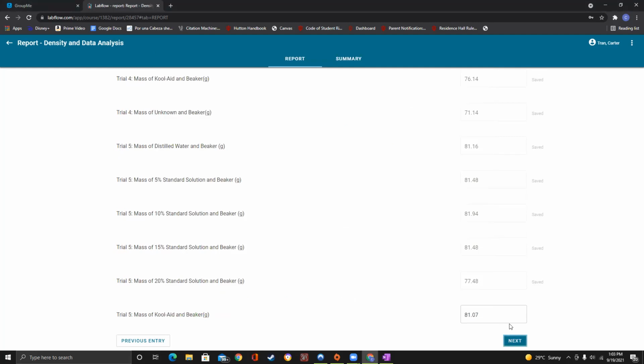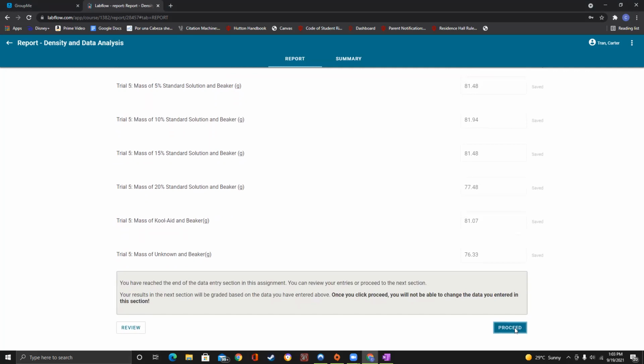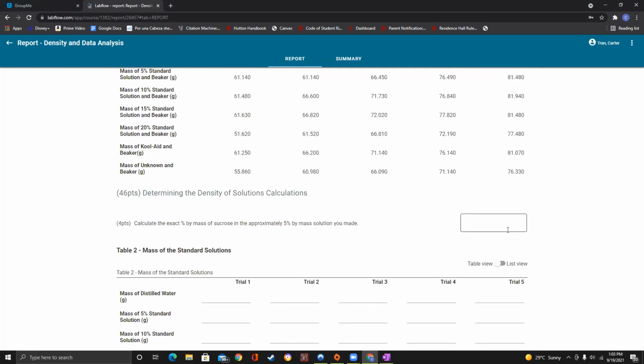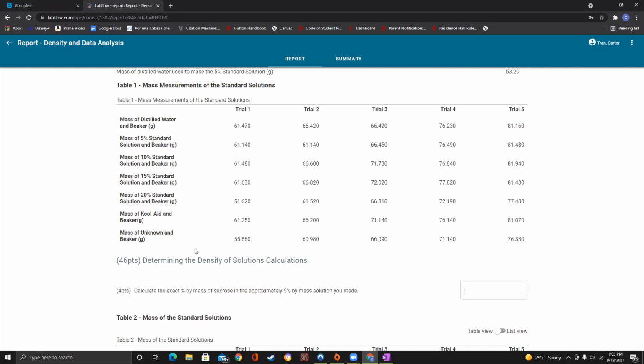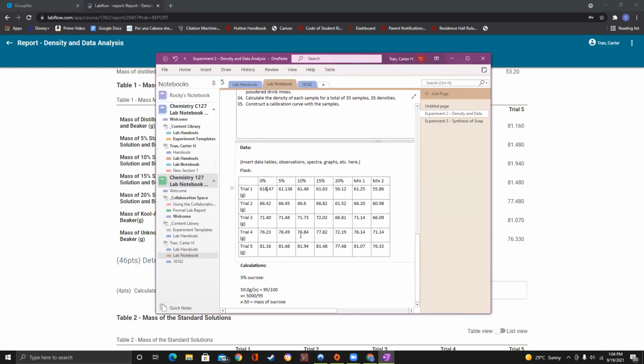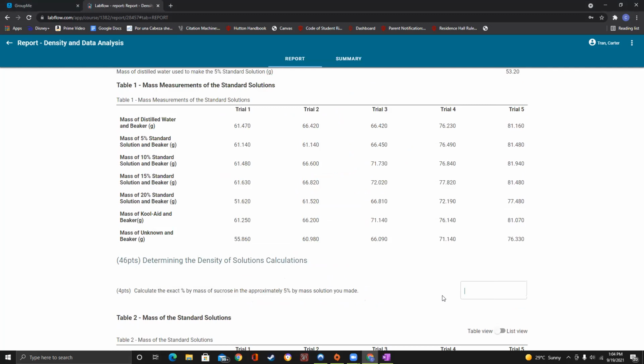Seven. 6.33. So I use 2.66 grams of sucrose, 53.2.